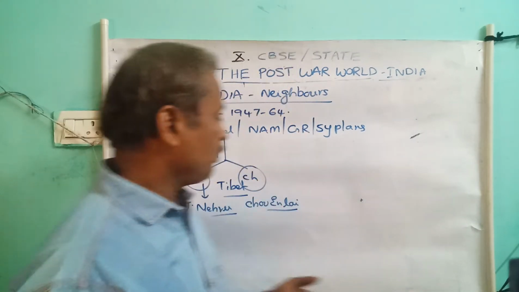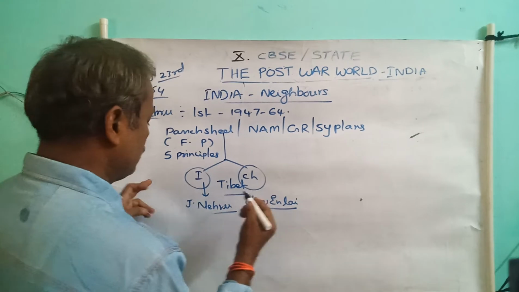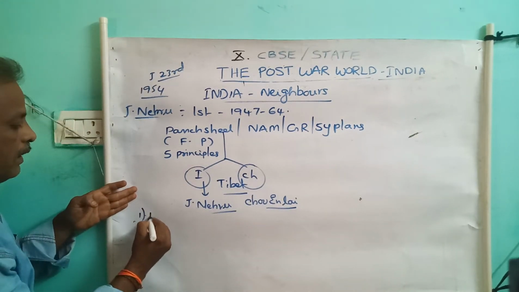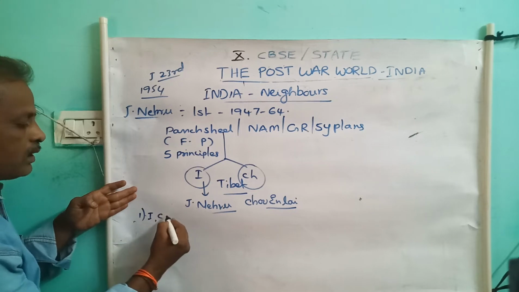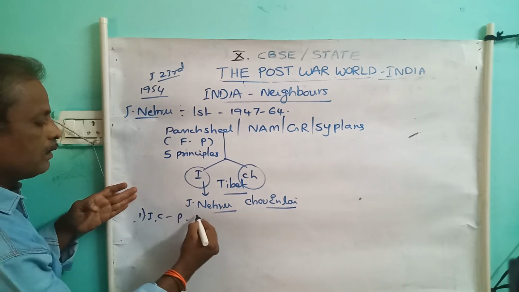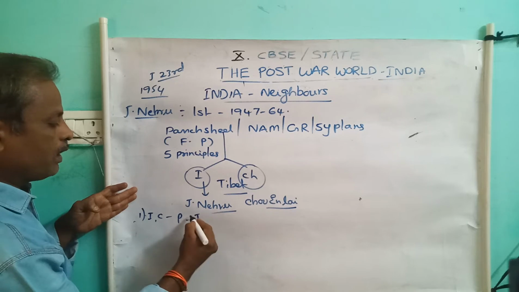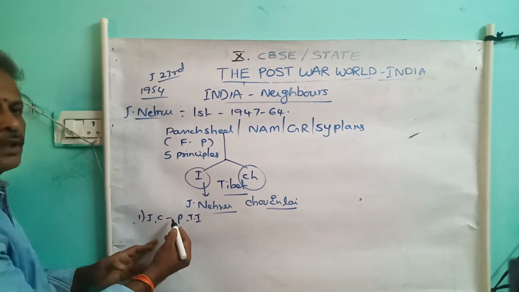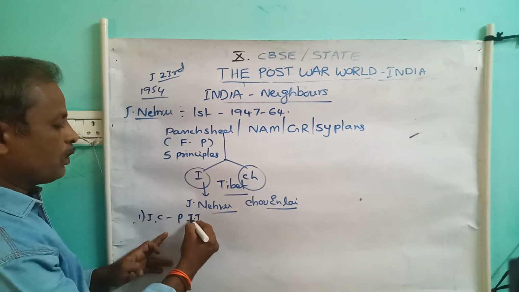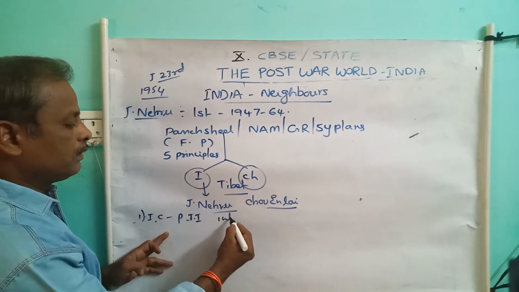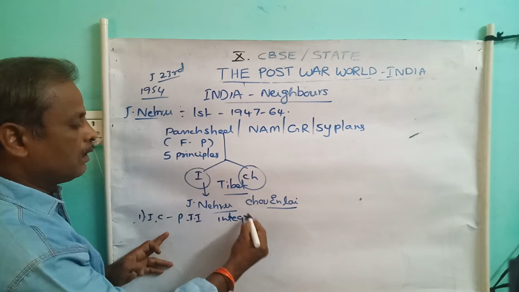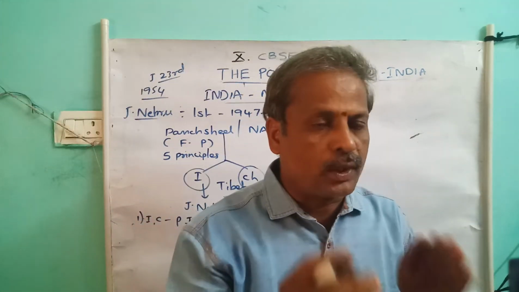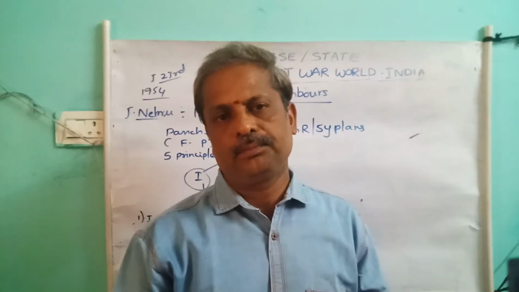We have to say what the 5 important principles are. One: India and China both should protect their territorial integrity. It means China and India both want to protect their own borders.